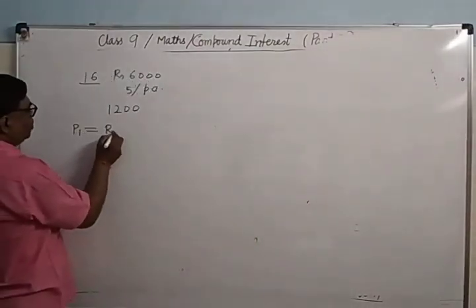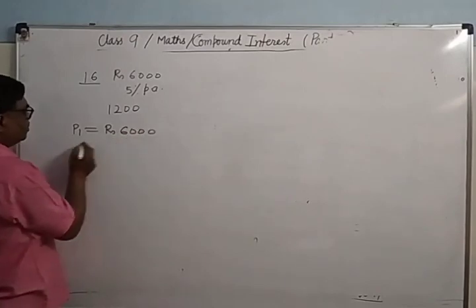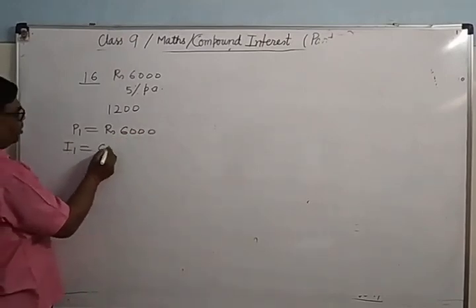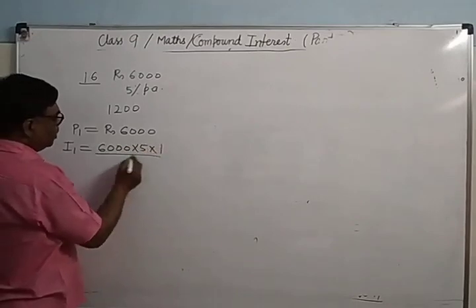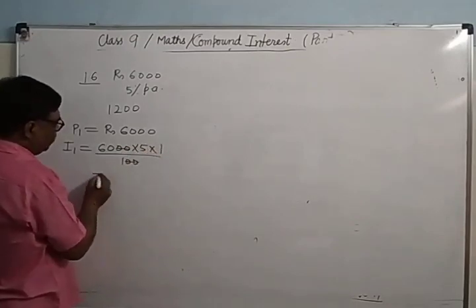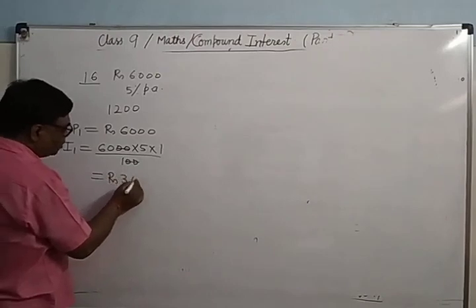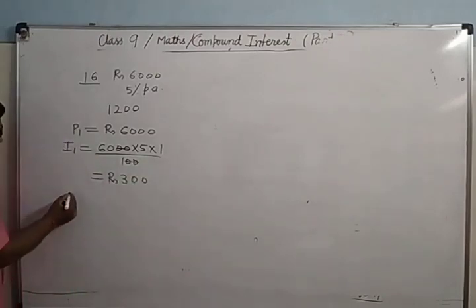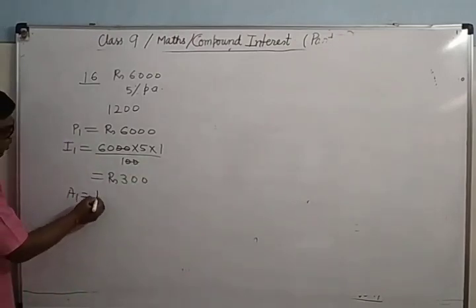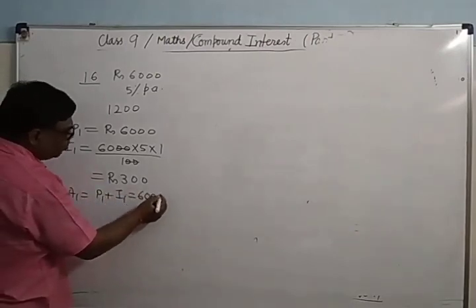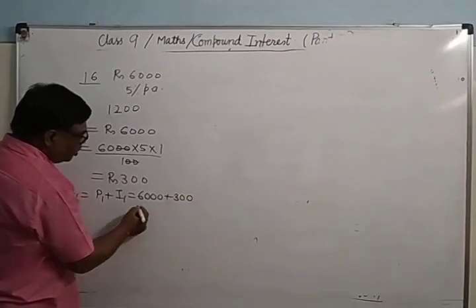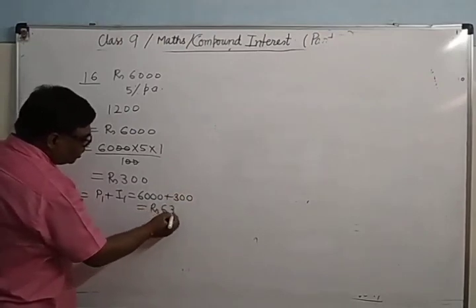P1 equals rupees 6,000. So what is I1? PRT upon 100, R is 5, T is 1, divided by 100. So it will be equal to rupees 300. Then what is A1? P1 plus I1, so 6,000 plus 300 equals rupees 6,300.